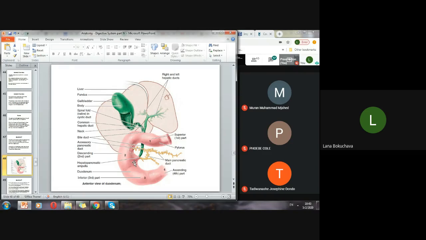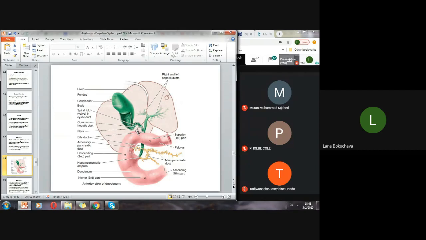Okay, so again, to say simply, the biliary system, what you see here, is literally composed of the ductal system, where we have particularly the part of the bile canaliculi.